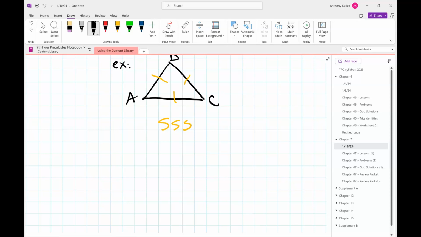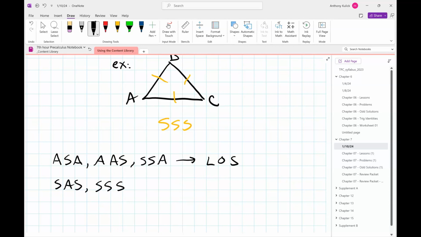All right. So for the ASA, AAS, and SSA cases, we're going to be using the law of sines.